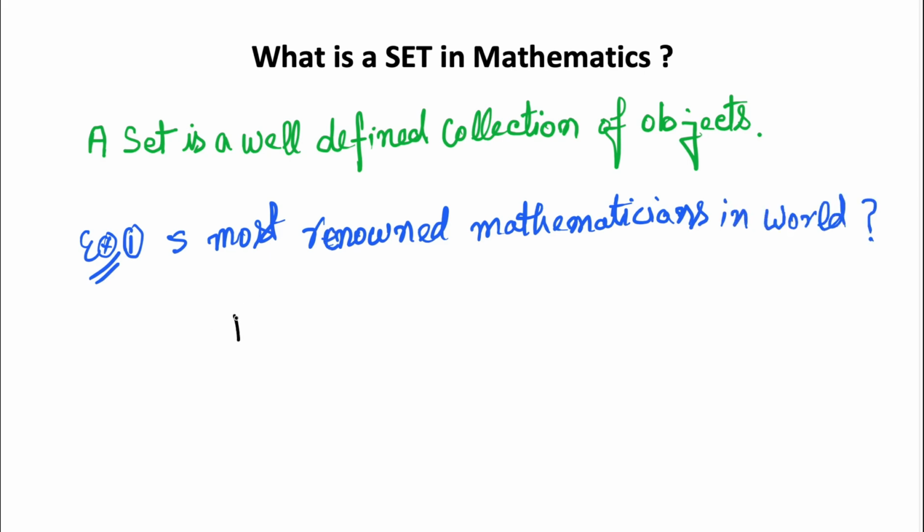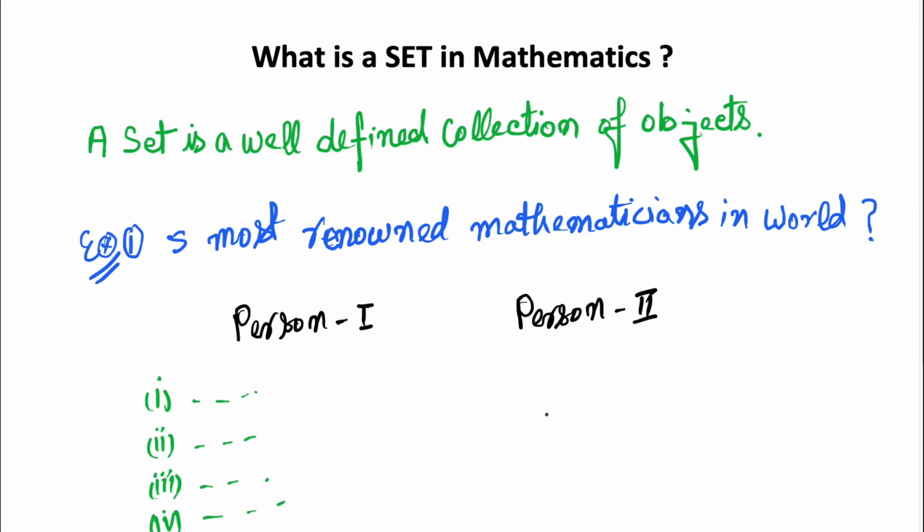If person one gives five names, like name one, name two, name three, name four, name five, and person two gives five different names, then according to person one and person two, the mathematicians' names would vary.